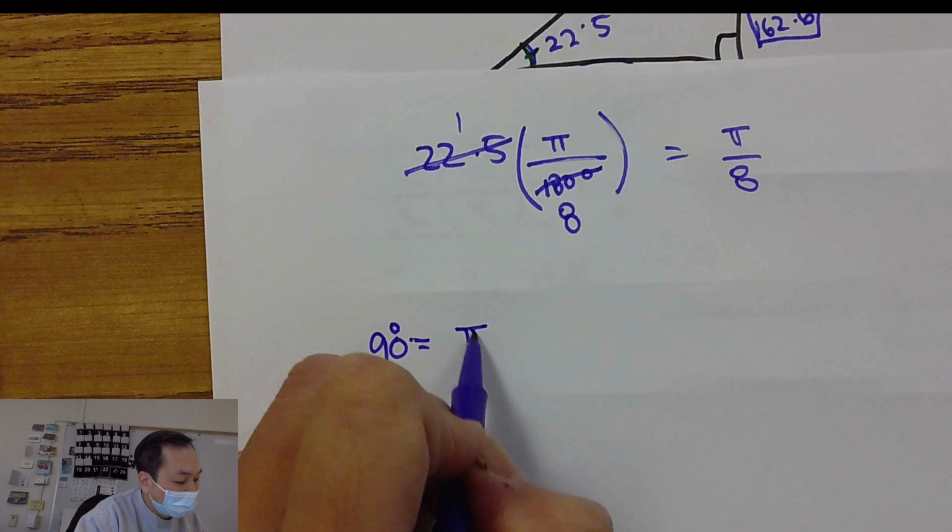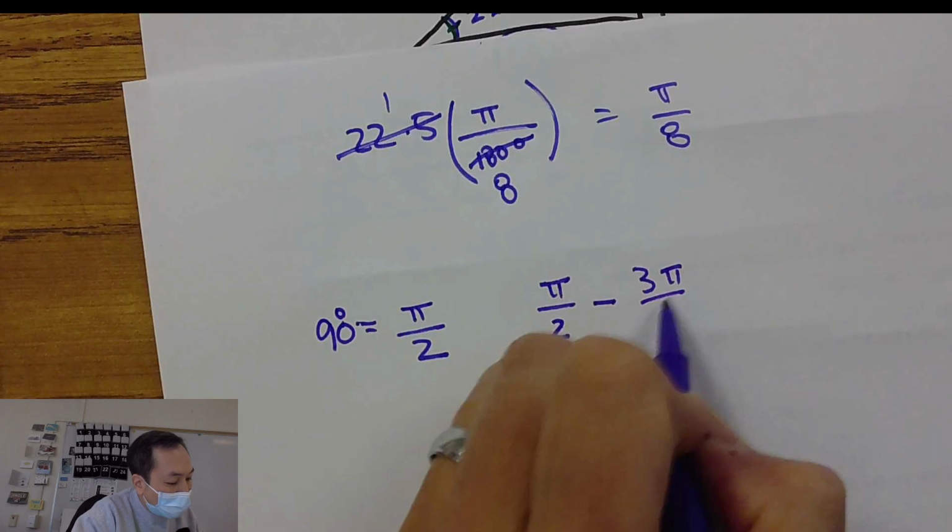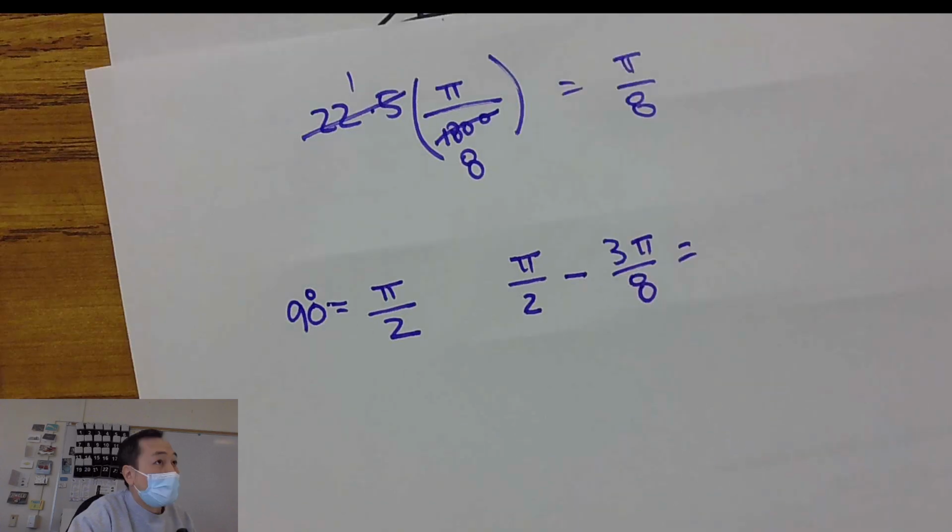So pi over 2 minus 3 pi over 8. What is that math? We need the same denominator, correct? 8. So this would be 4 pi over 8 minus 3 pi over 8, which is pi over 8.